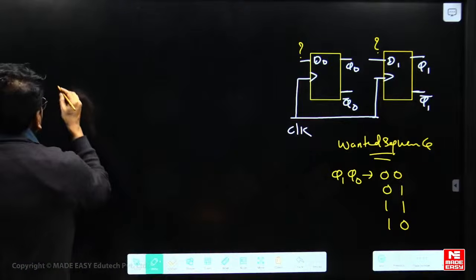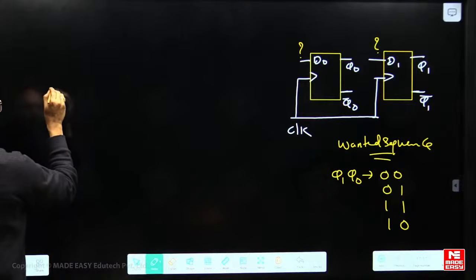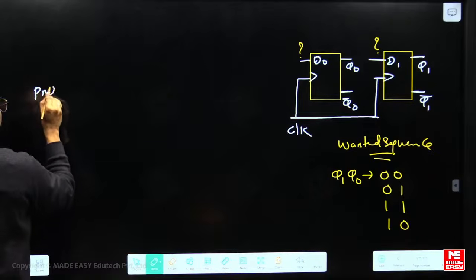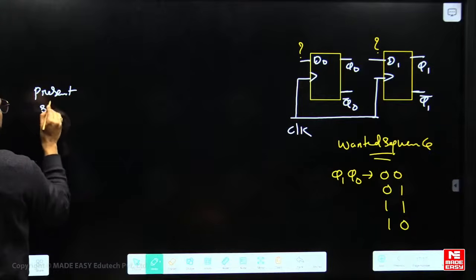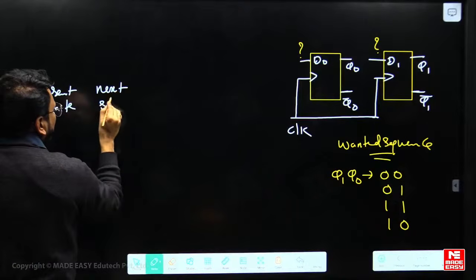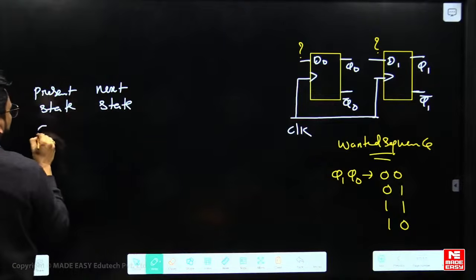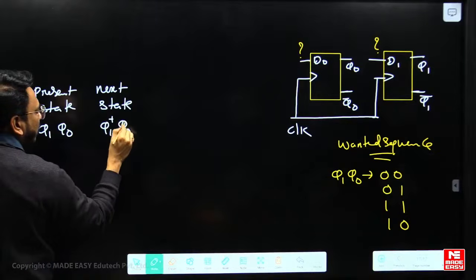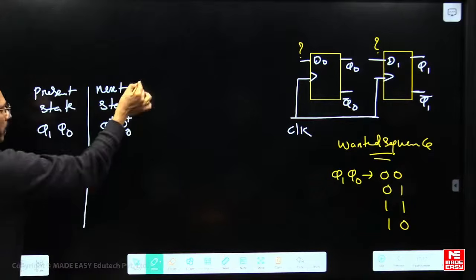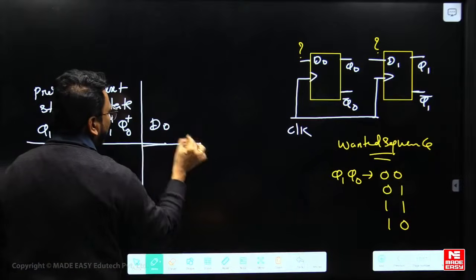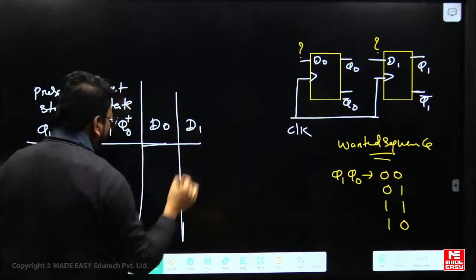Now to do that, the procedure is like this. You should write present state, next state: Q1, Q0, Q1 plus, Q0 plus, D0 and D1.